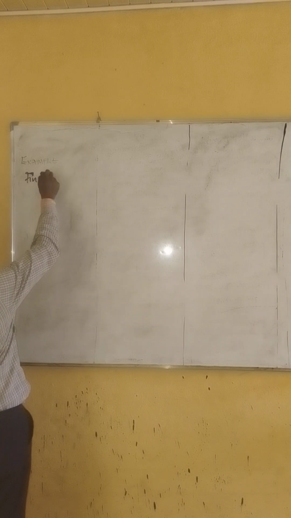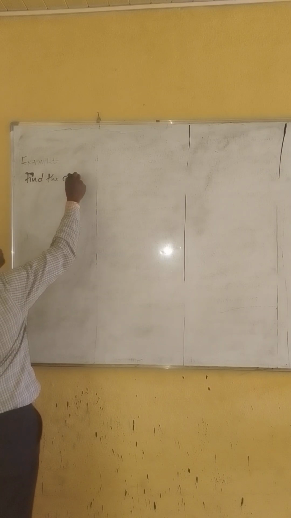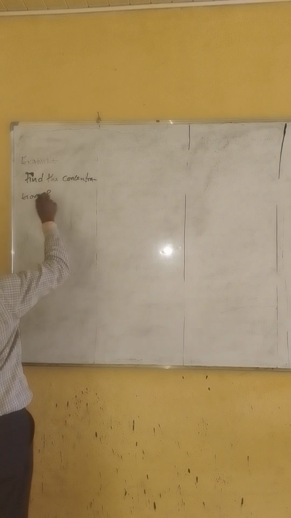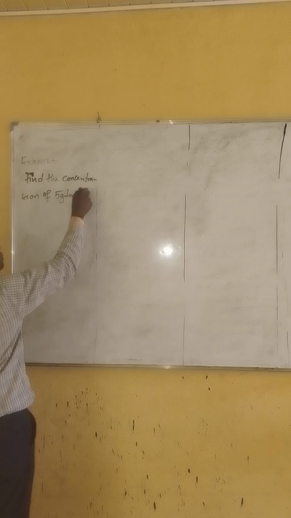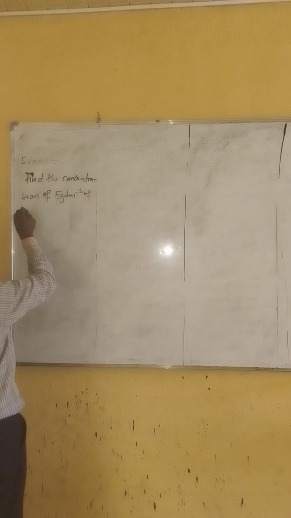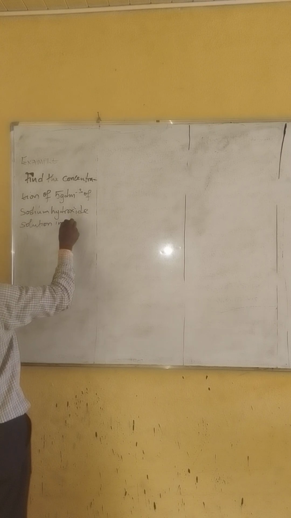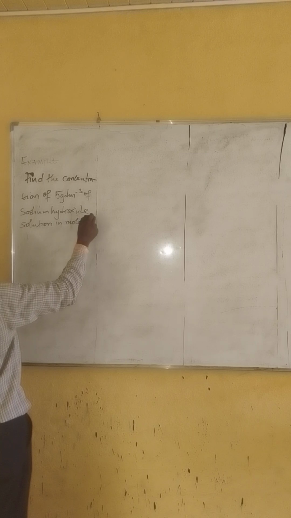Find the concentration of 5 grams per dm³ of sodium hydroxide solution in mole per dm³.